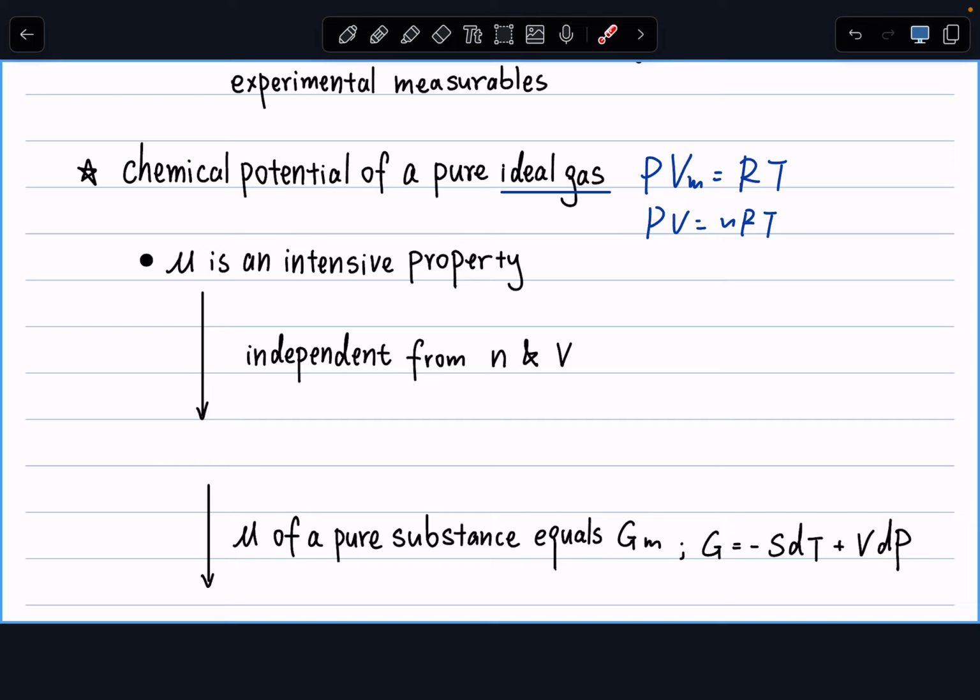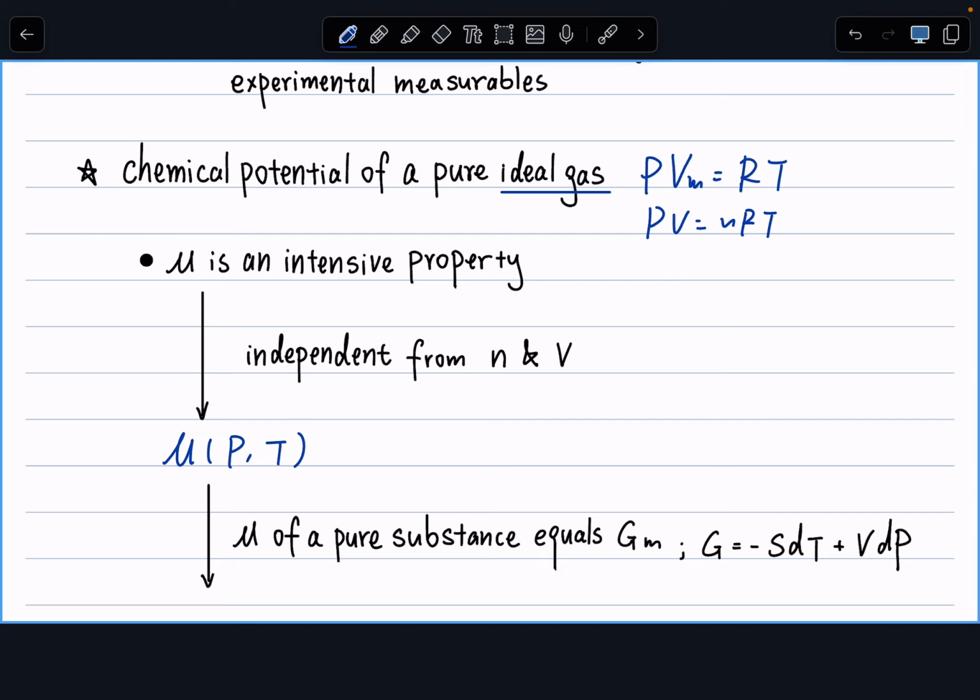Being an intensive property suggests it doesn't depend on the number of moles of the system. It is defined using how G changes with respect to the number of moles of the species, but the chemical potential itself is intensive. So the chemical potential is a function of pressure and temperature.